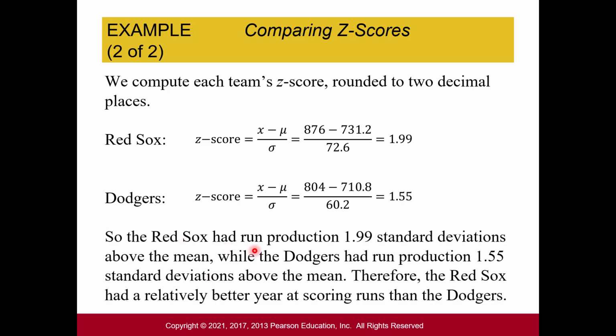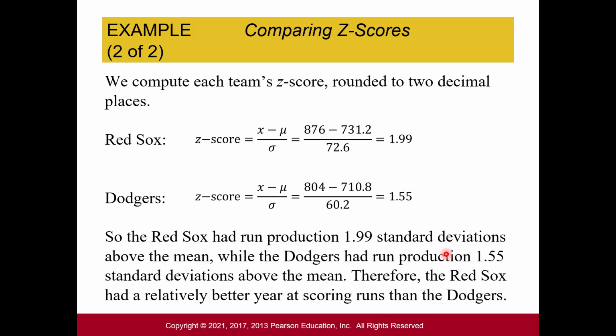So the Red Sox had run production 1.99 standard deviations above the mean, and it's above the mean if it's positive. It's actually below the mean if it's negative. And the Dodgers had run production 1.55 standard deviations above the mean. So therefore, the Red Sox had a relatively better year scoring runs than the Dodgers.